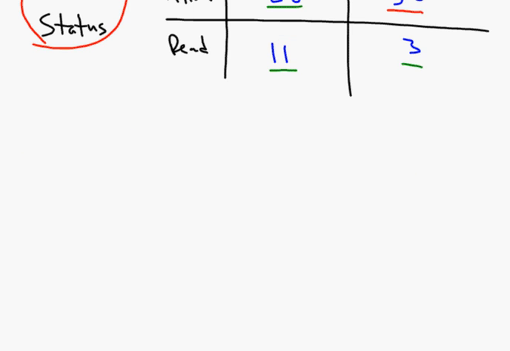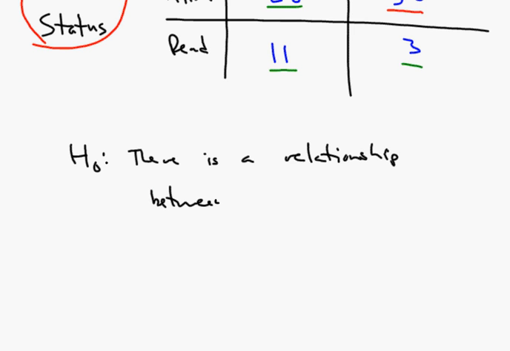So a hypothesis might be that there is a relationship between the patient status, I'll call that the patient status, and pet ownership. And this is H0 would be there is not a relationship between those 2 variables.